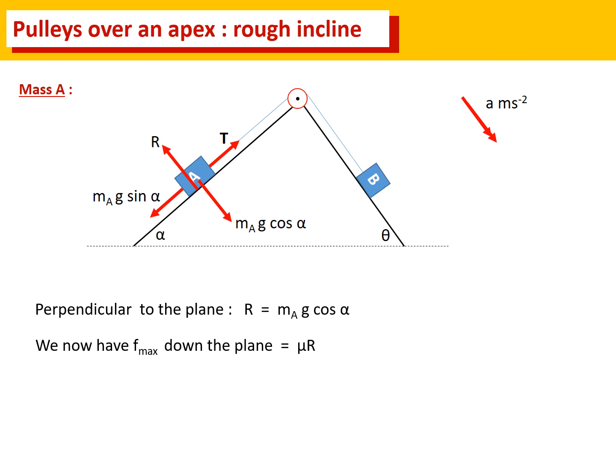Because motion will take place, and we can see from the diagram that B is going to be pulled downwards, and that will pull A upwards, therefore friction will oppose the motion of A, so friction will be acting down the incline on this left hand side. And because it's accelerating, that friction will be at its maximum, F max, which we know to be mu times R, and therefore that will equal mu times the weight component of A into the plane.